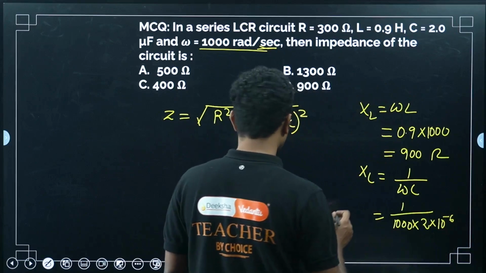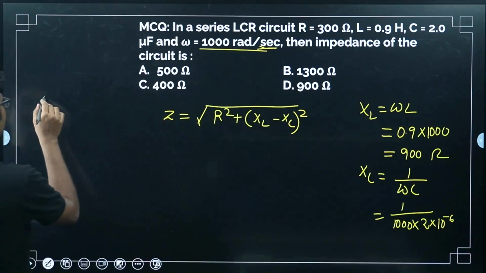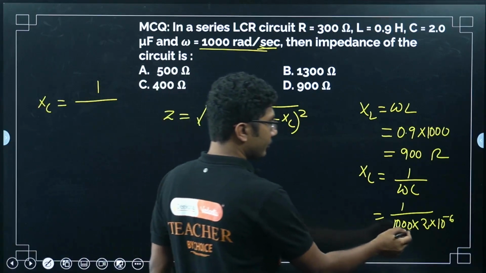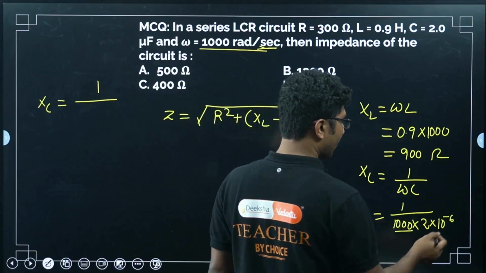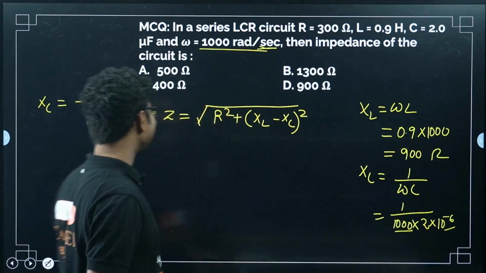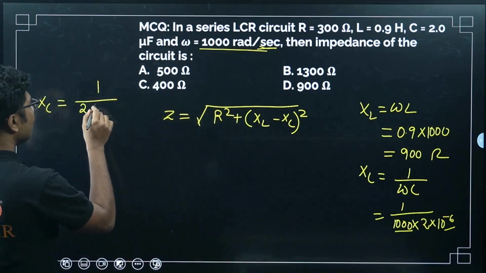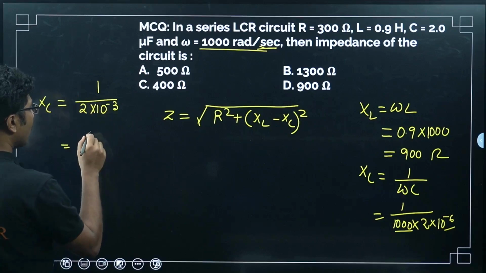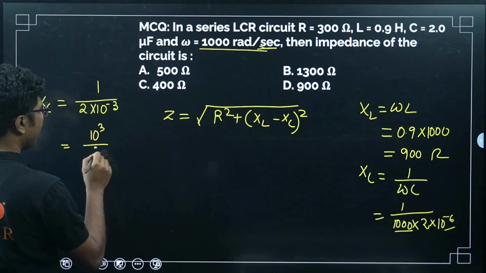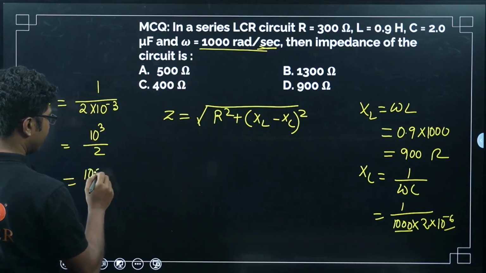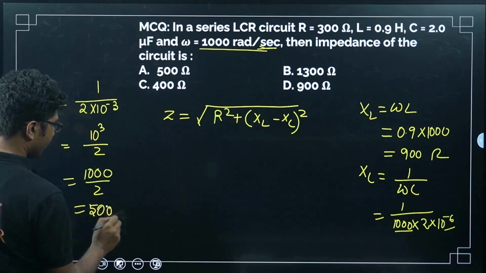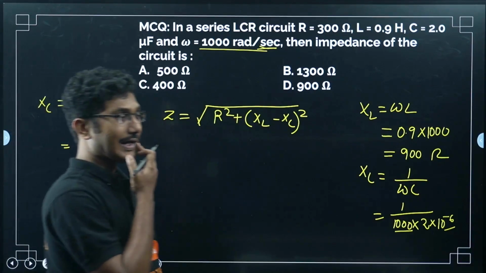So XC can be written as, 1000 means 10 to the power of plus 3, and 10 to the power of minus 6, so we can write this as 2 times 10 to the power of minus 3, right? So 10 to the power of 3 goes up, divided by 2, that is 1000 by 2, that is 500. So 500 ohm is XC.